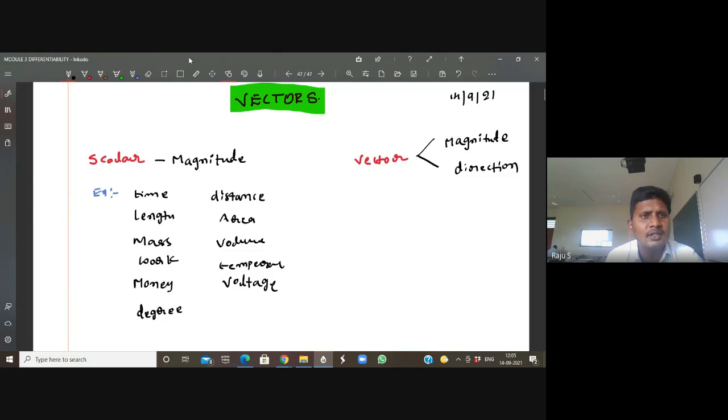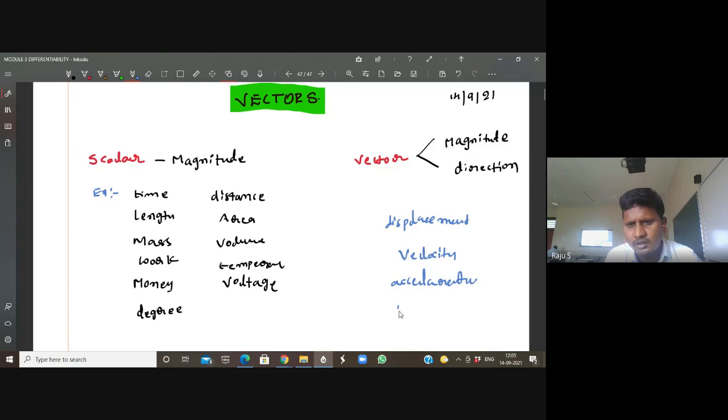Here, coming to the vectors. What are the examples for vectors here? Coming to the vectors, that we've already seen: displacement and velocity, acceleration.